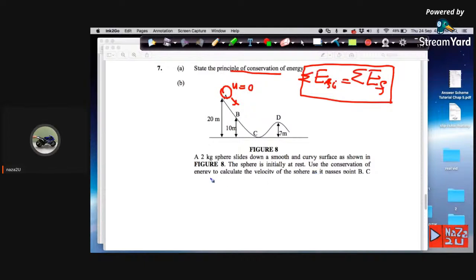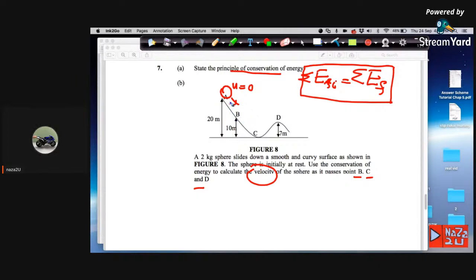Use conservation of energy to calculate the velocity of sphere as it passes point B, C, and D. So dia nak kira velocity. Calculate velocity at the point B here.